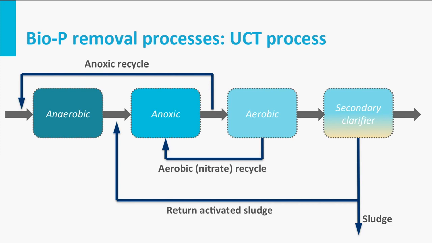Typical sludge retention times for such systems are 7 to 15 days. Not too short, since PAO are relatively slow growing, as well as the required nitrifiers, and not too long, because P needs to be removed with the waste activated sludge.